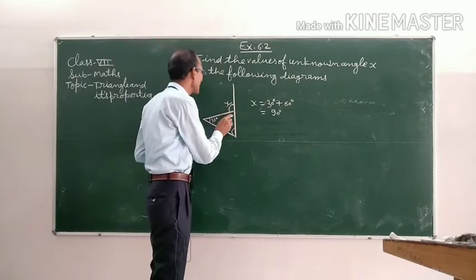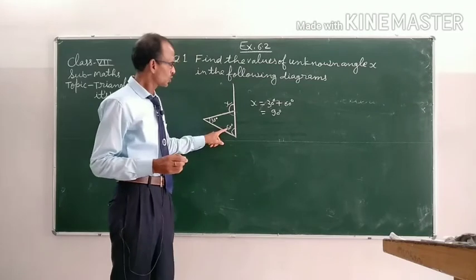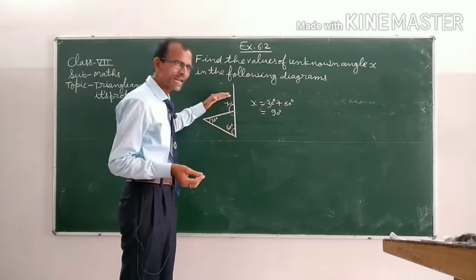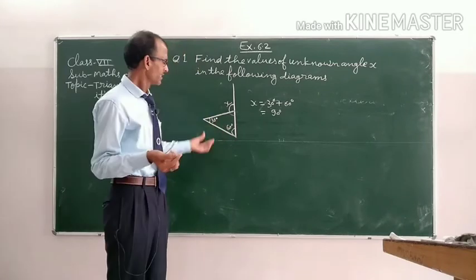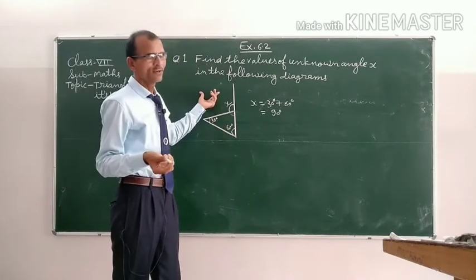Remaining two interior angles are interior opposite angles. So by the property, exterior angle equals the sum of interior opposite angles. This way we can find the value of x.